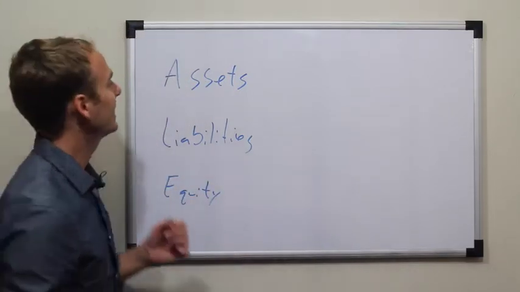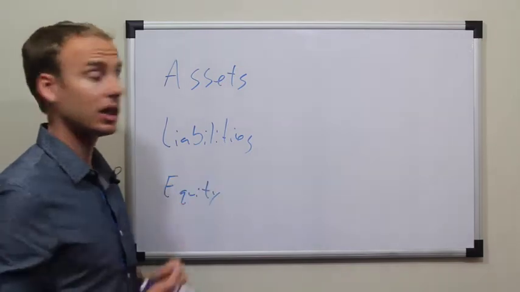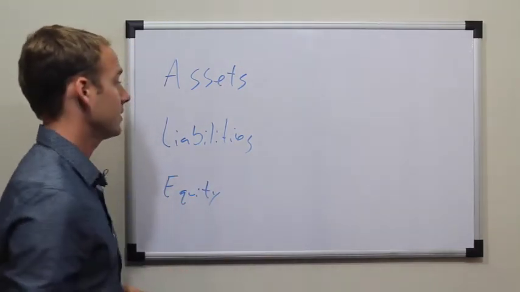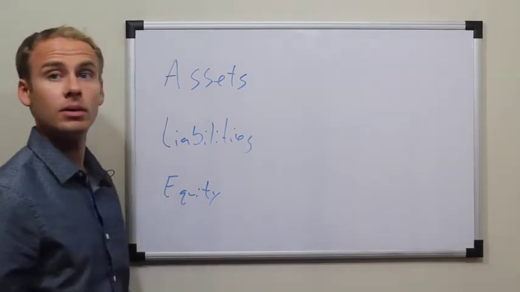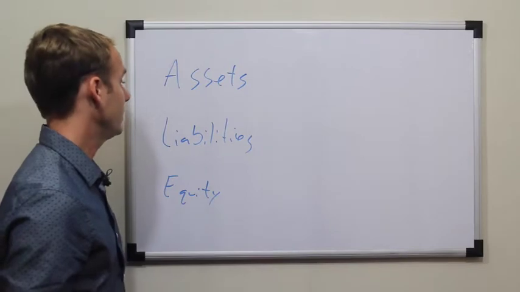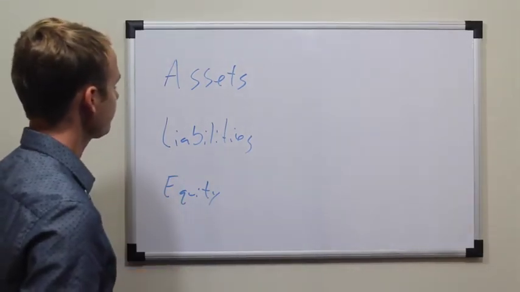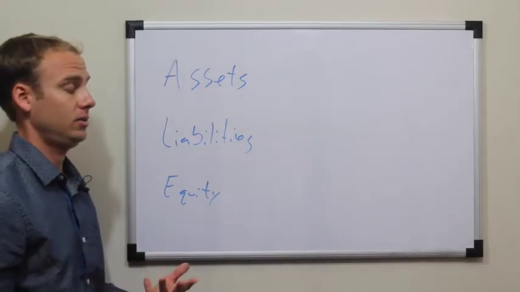Assets, we're going to have things like cash, accounts receivable, which is when we bill out clients. Liabilities is going to be money we owe, such as accounts payable. Those are bills that we might owe, or might also be things like long-term debts. Equity. This is going to loosely correspond to value.